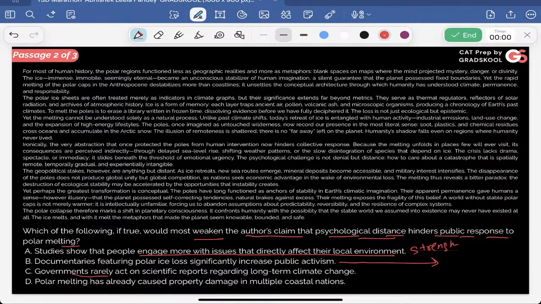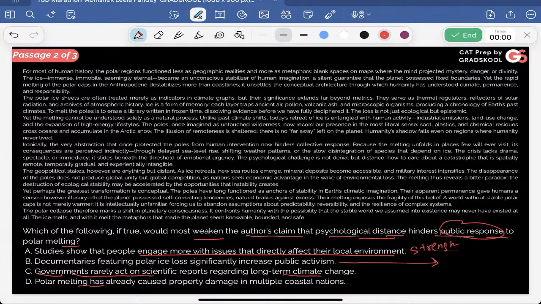See, governments rarely act on scientific reports regarding long-term climate change. Here the talk is about government, generally, not the public response. Government is also public, but that is for a democracy. Government is a very vague term, so we cannot just think of government as a democracy because we are Indians.